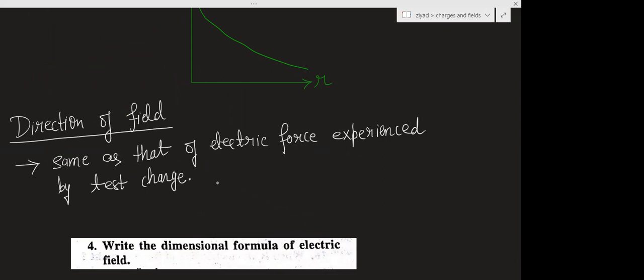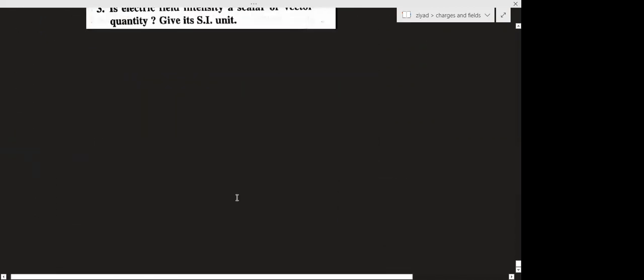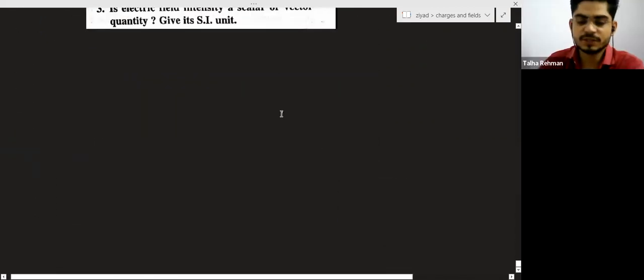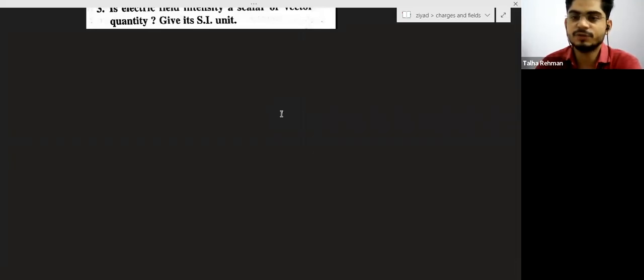So now I am going to discuss a question, a graphical question. We have to draw the graph between the electric field and the distance.